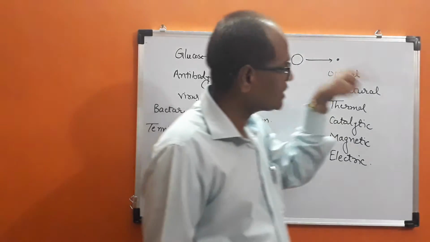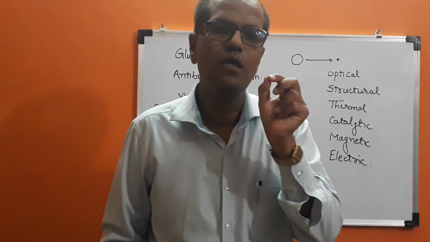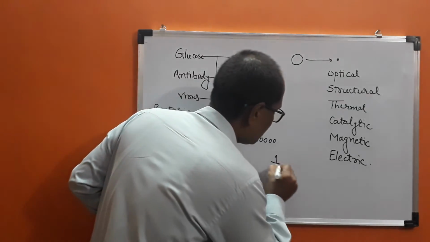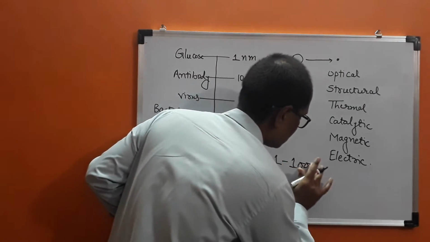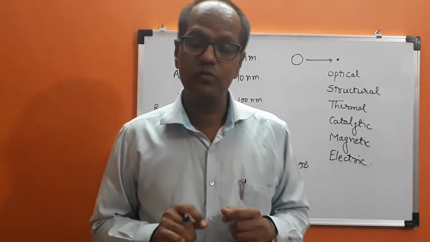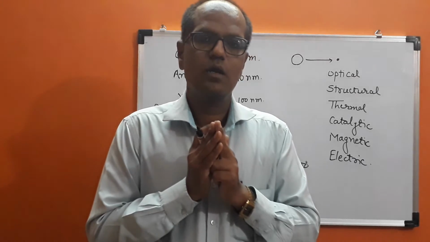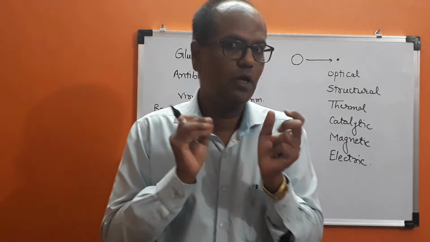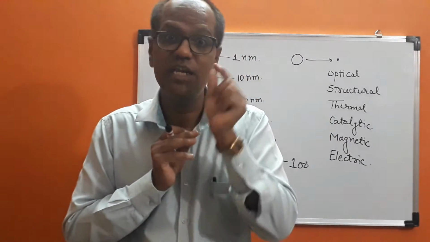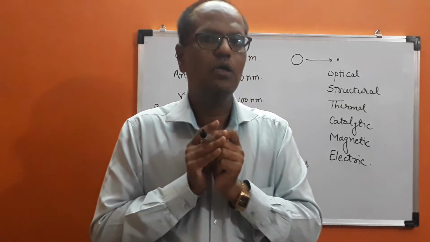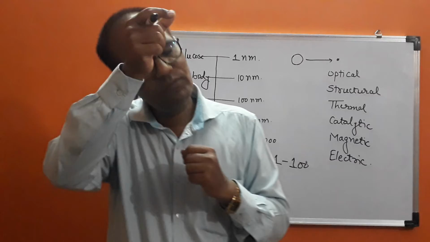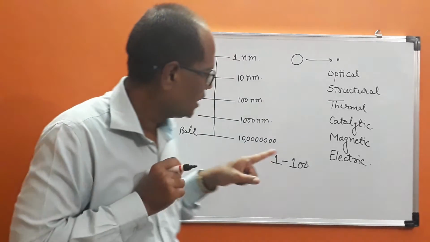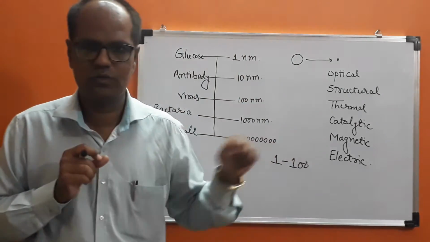But if you reduce the size of any substance to about 1 to 100 nanometers, means the substance which is prepared is not prepared at bulk level, it is prepared in very minute quantity, and it has its structure in such a way that any one of the dimensions of that particular substance is in the range of 1 to 100 nanometers.